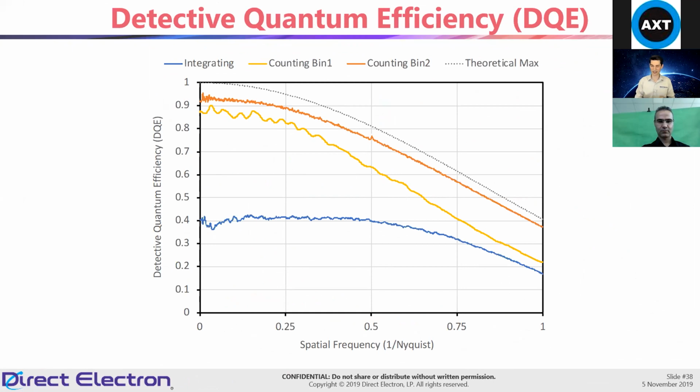Then taking a look at DQEs, for integrating mode it's this one in the bottom in blue. So that's D16, D64 integrating mode. When you're doing counting, if you're just doing the full sensor size, not doing any of this fancy hardware binning, then the yellow line is going to be your counting performance in terms of DQE.